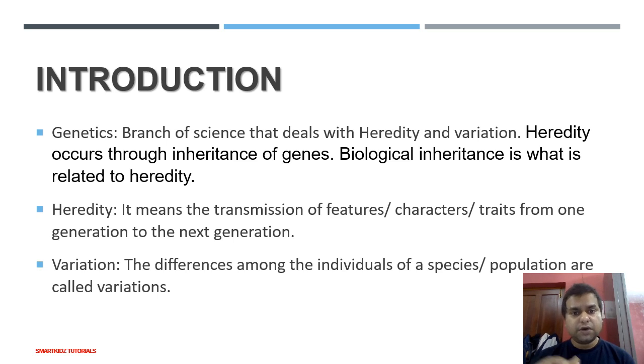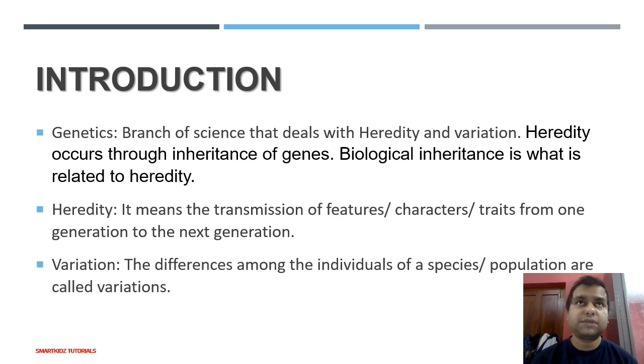This branch of study that deals with the characteristics that are transferred from our parents is called genetics, and it includes two parts, that is heredity and variation. Now, to put it in simple terms, what is heredity? Heredity would be like my father has black eyes, so I also have black eyes.